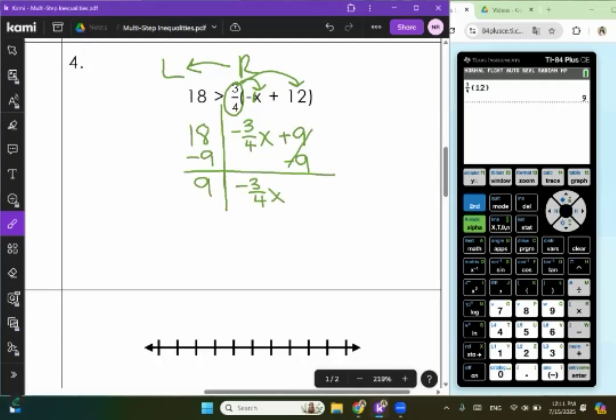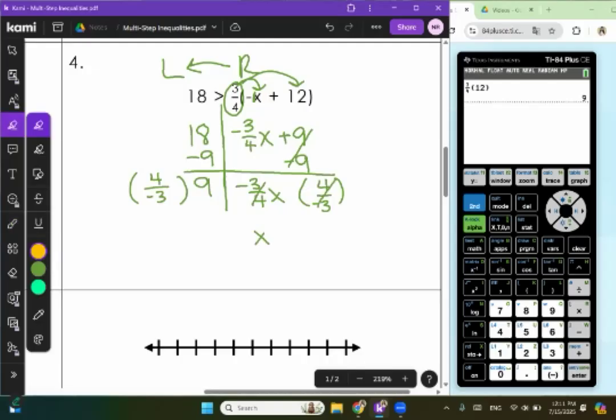Okay. Now the last step, we are getting rid of a fraction. To get rid of a fraction, what do we do? Fractions represent division. So the opposite of dividing is to multiply, and we must multiply by the reciprocal. Reciprocal, you literally flip the numbers. Do not flip, change the sign, or anything like that.